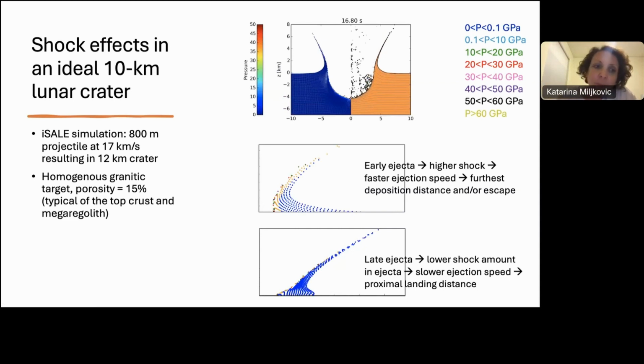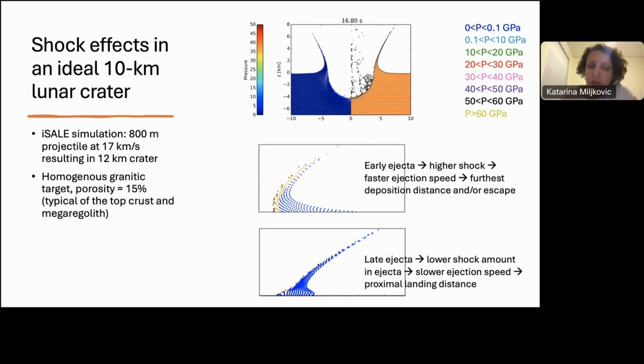With a crater of this size, or any other crater, we can look into the ejecta as it's developing. What you're seeing in this middle plot is very early ejecta, and if we capture it in the early stages of formation, then we can profile how fast it moves, and what pressures and temperatures it experienced.